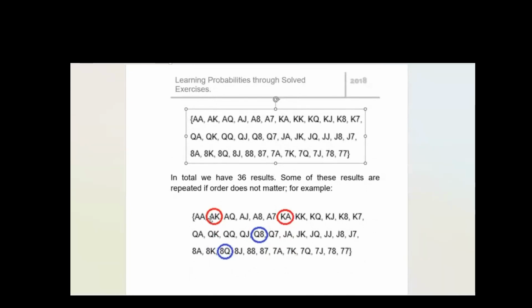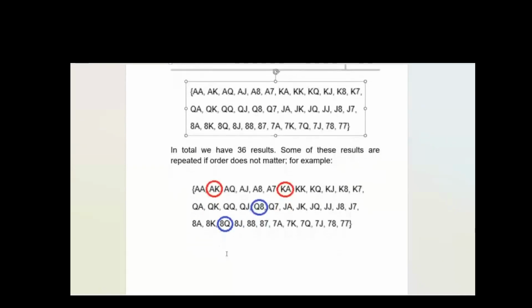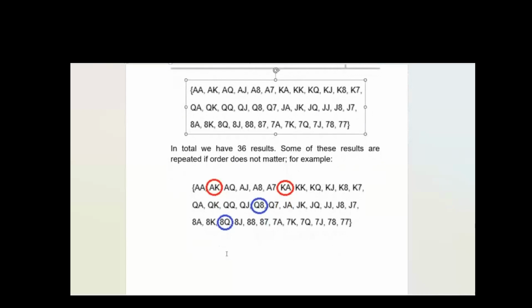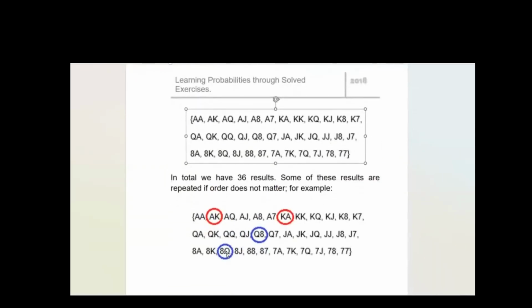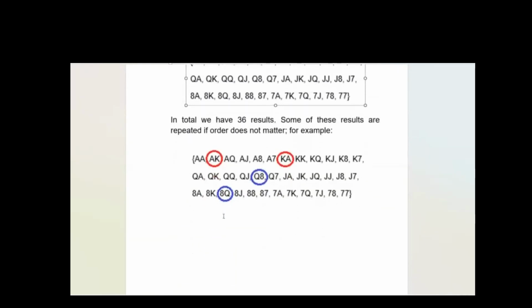So you have, for example, ace in the first die and king in the second die, and king in the first and ace in the second, or queen in the first and 8 in the second, and 8 in the first and queen in the second, which are not the same. So you can consider that some of the results are the same if the order doesn't matter, or they are different if the order matters.